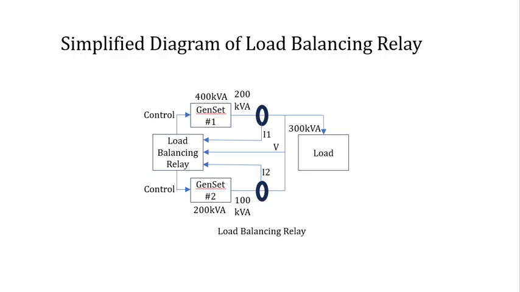To sense the load, it reads voltage and currents, and its built-in intelligence decides how to control the two generators such that they deliver proportionate power. For example, here 400 kVA and 200 kVA are the two generators. Load is 300 kVA. So the bigger one delivers 200 and the lower one delivers 100 kVA. So that is how the load balancing happens.